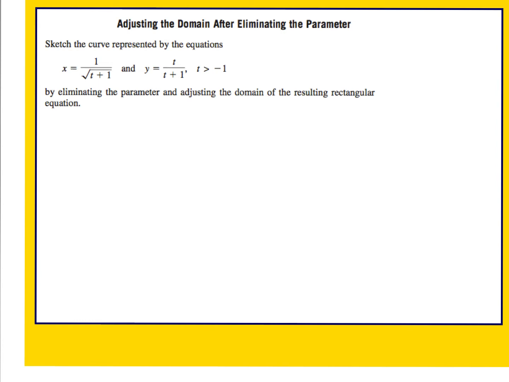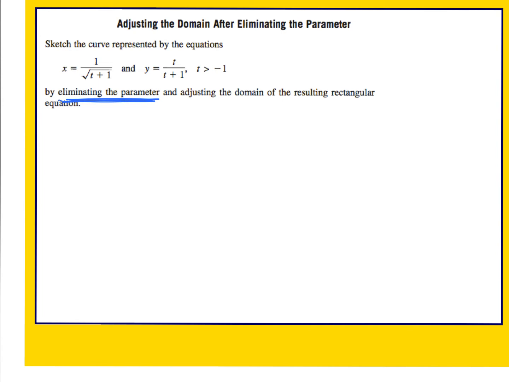All right. So what we're going to be doing is we're going to be eliminating the parameter. That's where I want to spend the bulk of my time on parametrics. All right. So we need to solve for the parameter of one of them. Now, which one is it easier to solve for t? The x equation or the y equation?